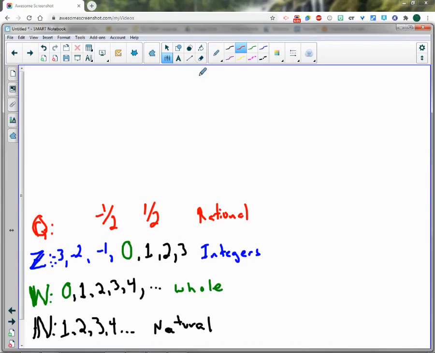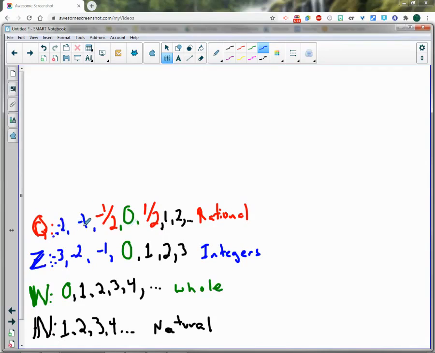Okay, but remember, all of these numbers below, all of your naturals, your whole numbers, which is 0 and all of those naturals, and all of your integers, which include your -1, -2, -3, on forever that way.